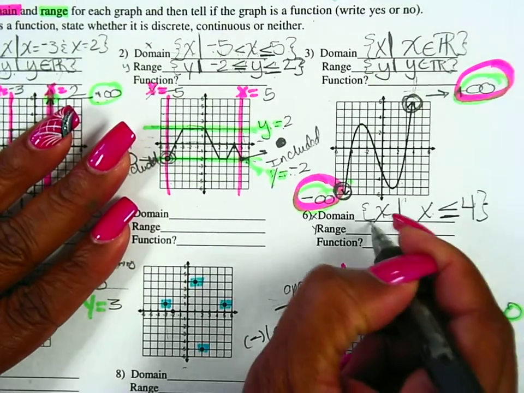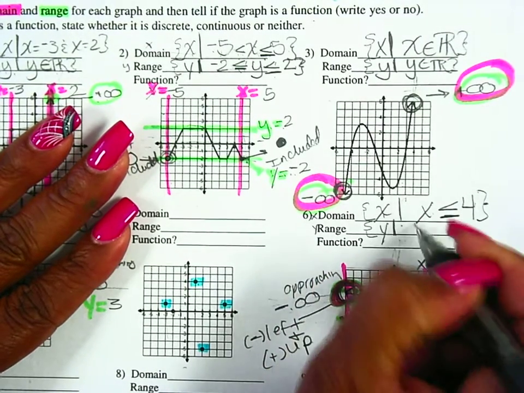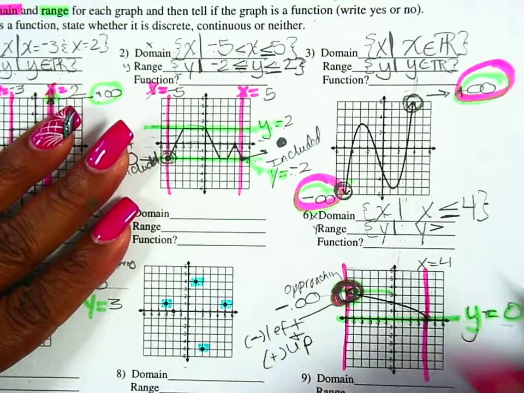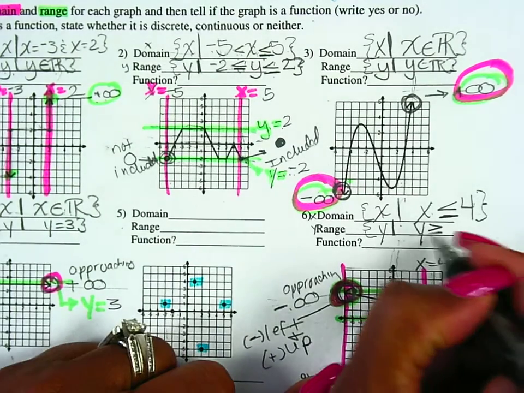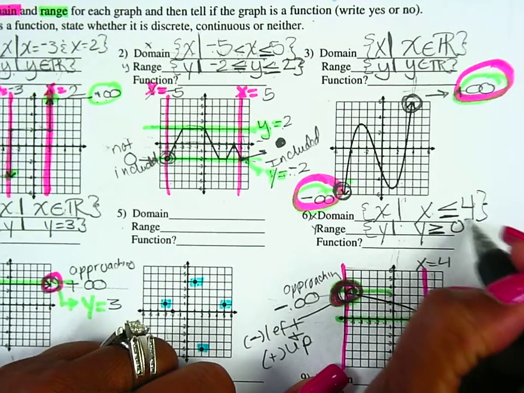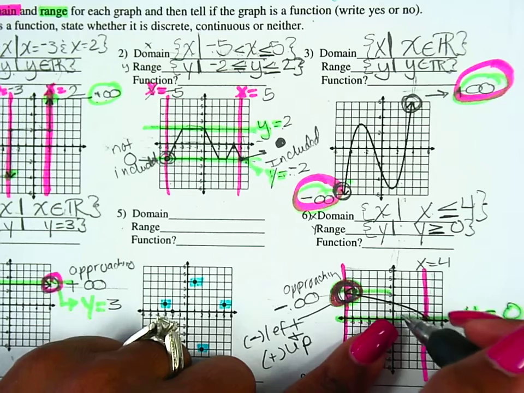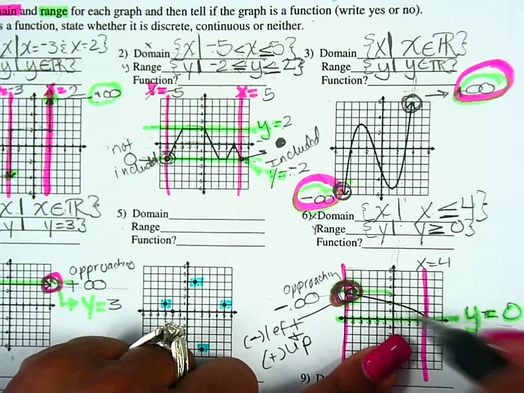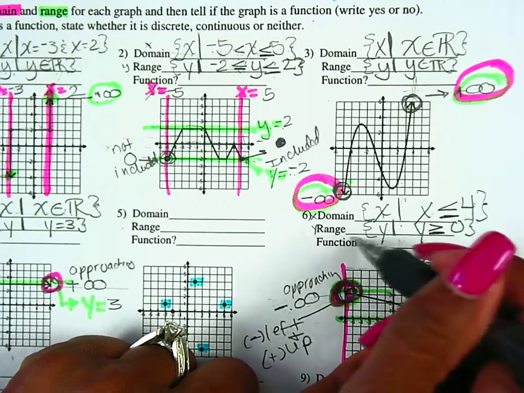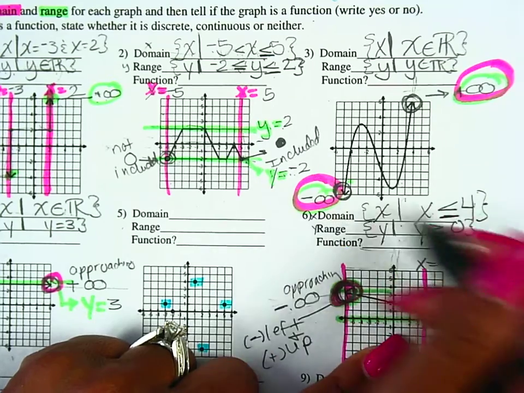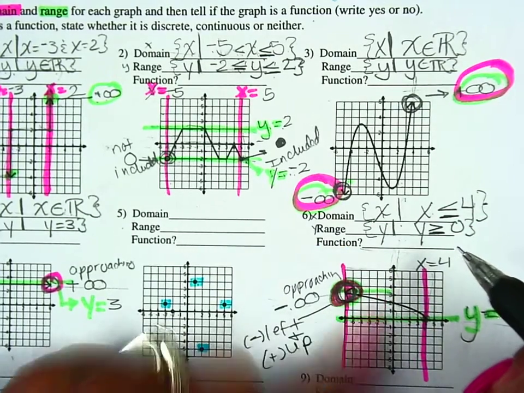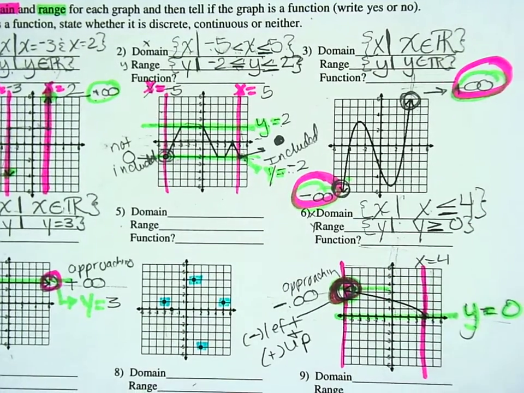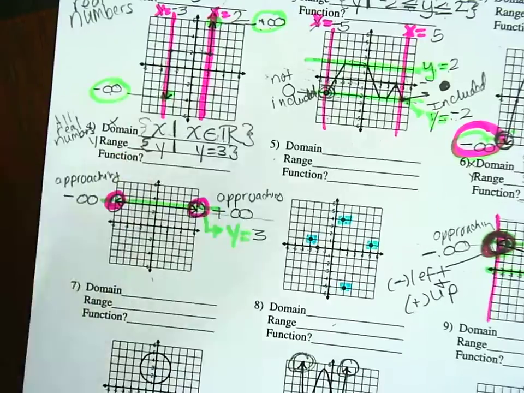So that means it's y such that y is greater than or equal to 0, that's a solid. So I can go anywhere on the y-axis that's 0 or larger and go to the left and get to this graph. Okay. There you go. Y such that y is greater than or equal to 0. Here we go.